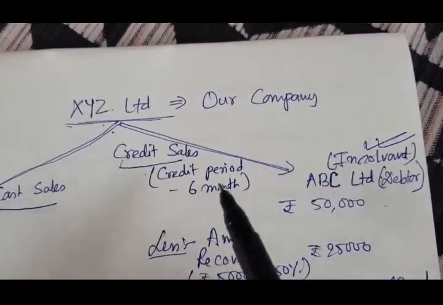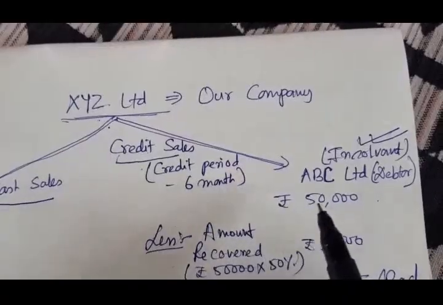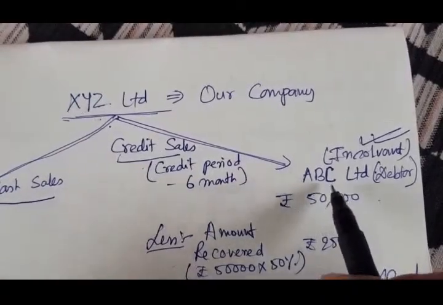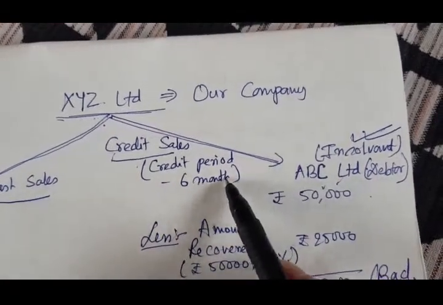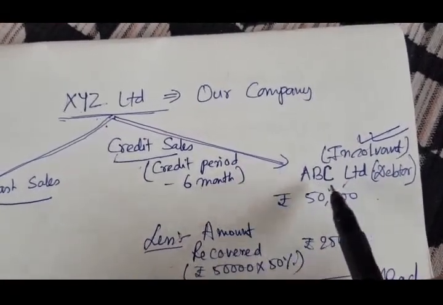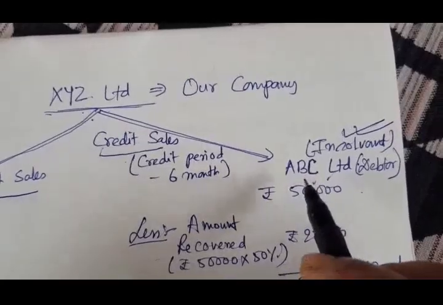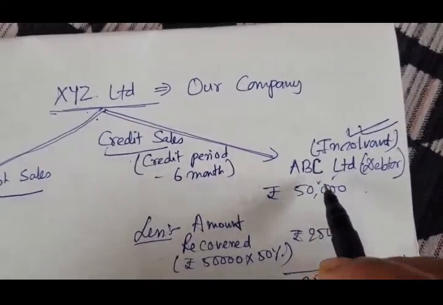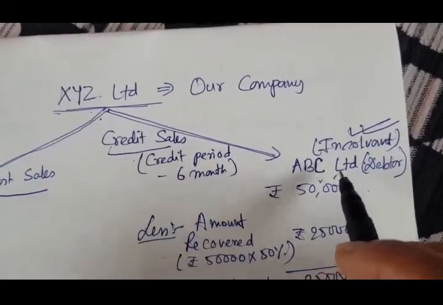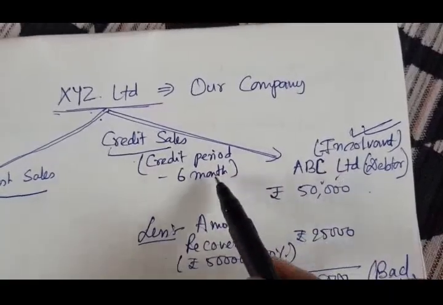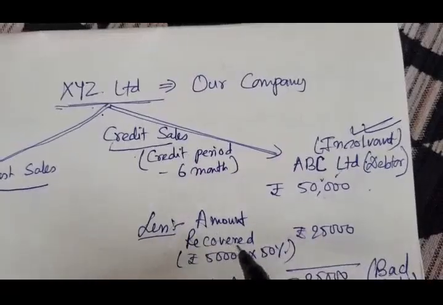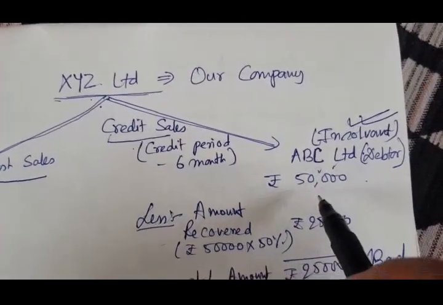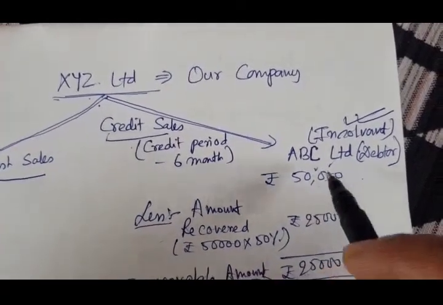Understood? Now what happened here? ABC Limited has been declared insolvent within this 6 months period. Insolvent means bankrupt, financially dead. So our company is not in a position to recover the whole amount from ABC Limited.